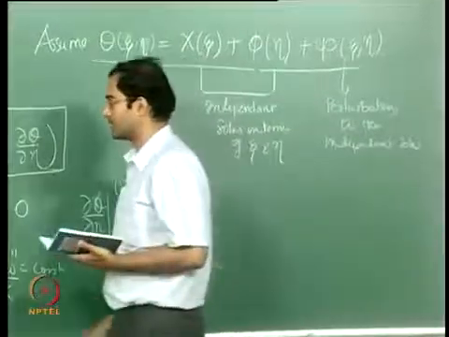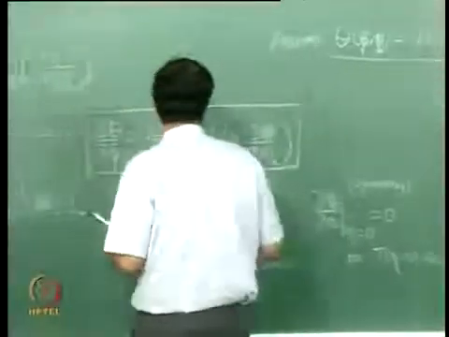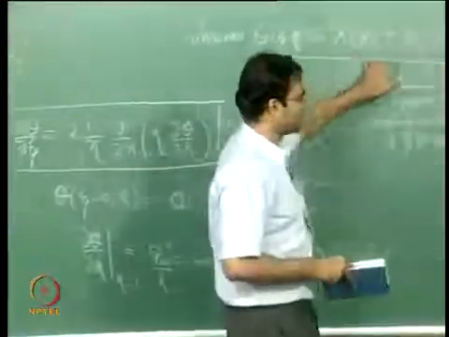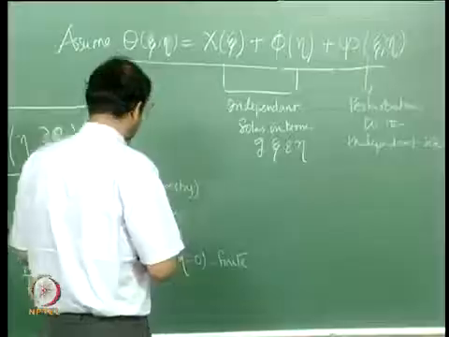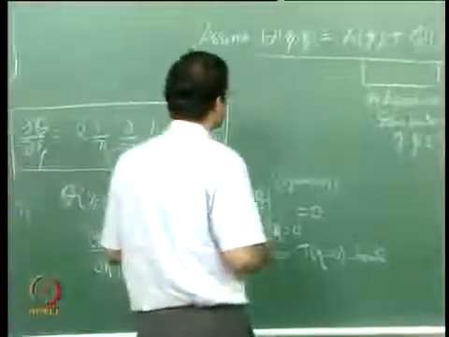Since the partial differential equation is linear and the solution is a linear superposition of all these solutions, still this will be a solution to the governing equation. So now you see the advantage.